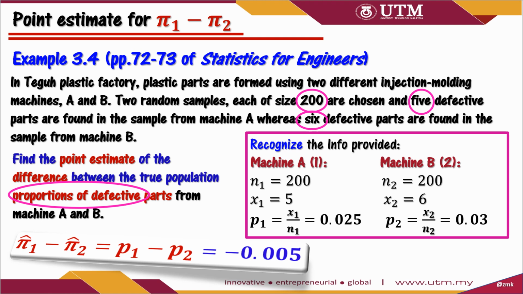Do you think this negative value is acceptable? The answer is yes. It gives us an indication that on average, the proportion of defective parts formed by injection molding machine B is expected to be larger than that formed by machine A.